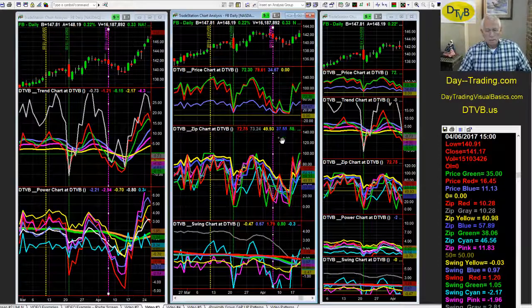And so is there more room to leave the market? I would say absolutely yes at this point, because on the pink vertical line, your power yellow has crossed under 0 and it's been heading down for the last several days. And when it goes down under 0 versus bouncing off it, like on the green vertical line over here, you're in for more down steps.